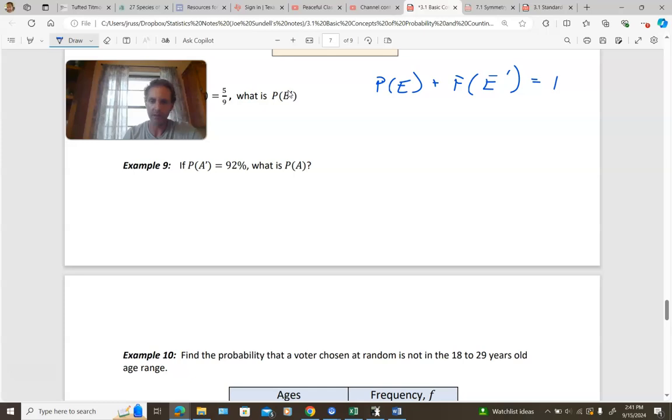If we know the probability of E is 5/9, and we don't know the probability of E prime, then if you were in algebra class and I replaced the probability of E complement with an X, you would know that you have to subtract 5/9 from both sides of this equation. So this implies that the probability that E does not occur is equal to 1 minus 5/9, which is 4/9.